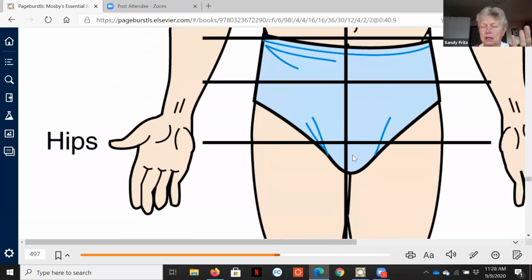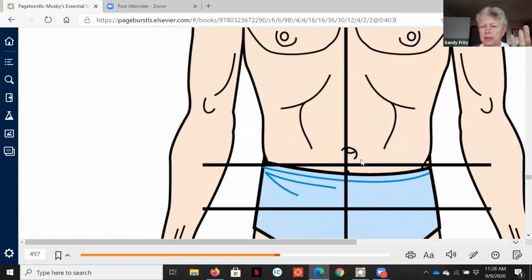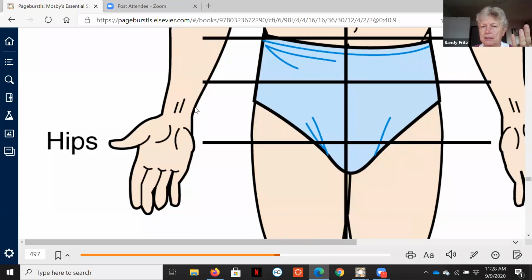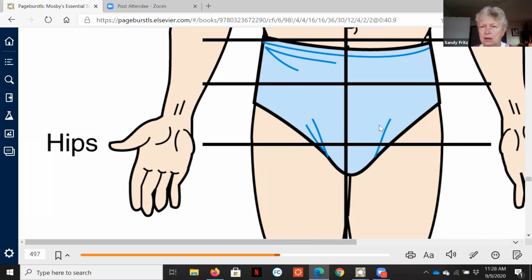So then, similarly, if somebody's got hip issues, in addition to working the whole body, we might concentrate in this area right here.